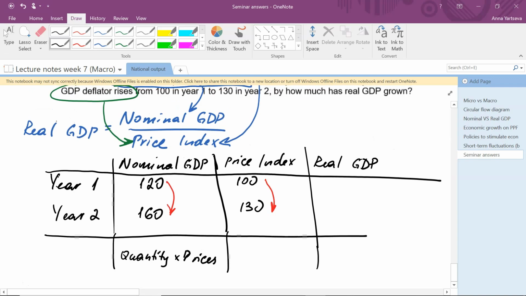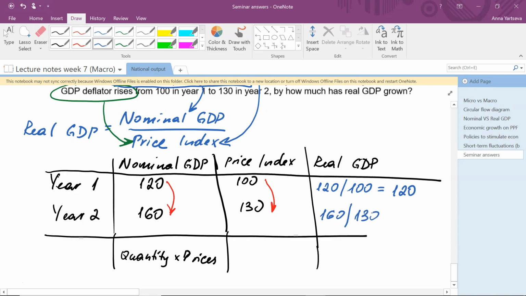To do this, we apply our formula. Real GDP is equal to nominal GDP divided by price index. So real GDP is nominal GDP 120 divided by price index 100. It's going to be 1.2 in real terms now. Nominal GDP in year 2 is 160.